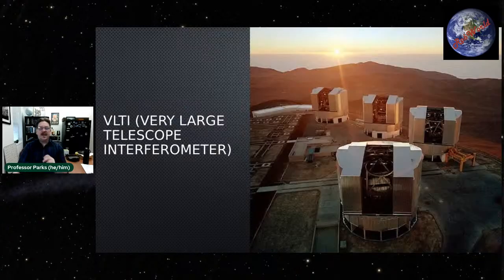Okay, let us get into interferometry. And I'm actually going to not start off. So interferometry is the process of taking light from multiple telescopes and combining them to gain angular resolution. And I am going to not start with the radio people who actually developed the technology for this, because radio astronomers are dirty, dirty cheaters.